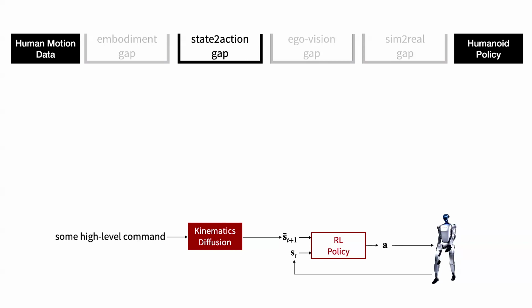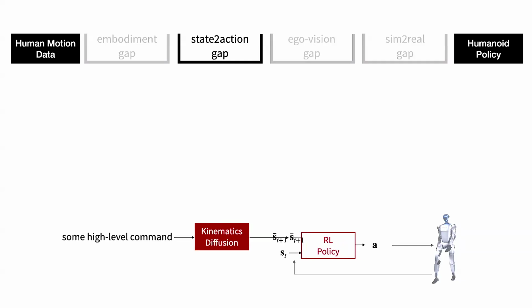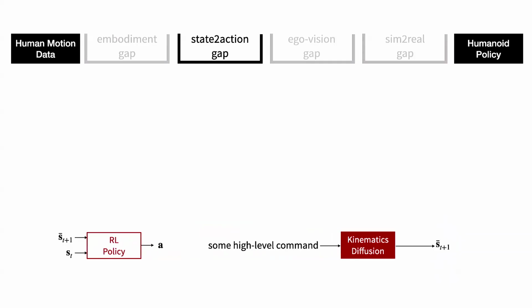So one idea we are testing in parallel with this paradigm is to swap the position of RL and this generator. We usually use diffusion models.